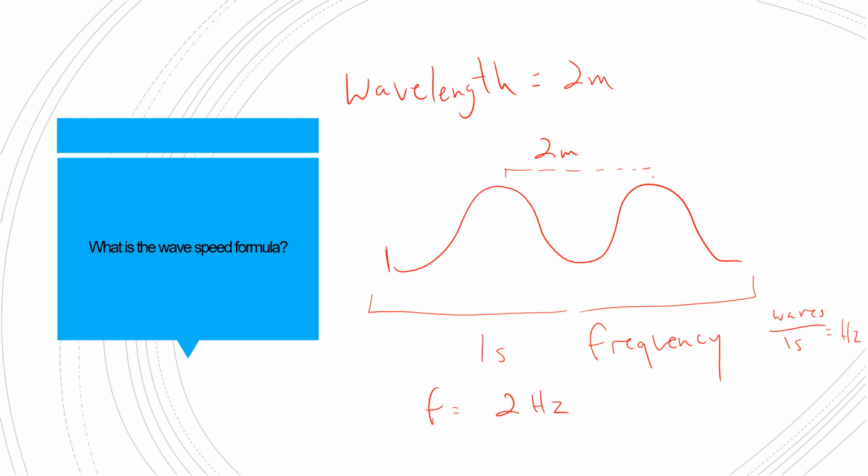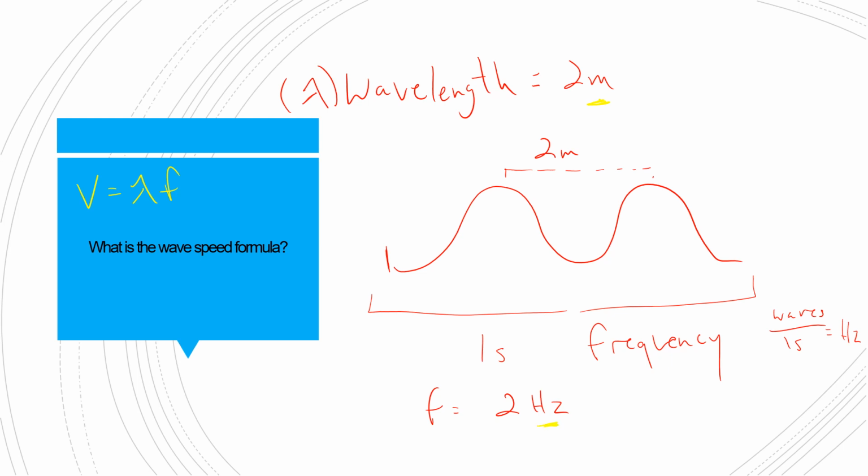Now, there's one thing I want to say about wavelength. Instead of writing the word out because it's really long, physicists and other scientists use a symbol that looks like this, the Greek letter lambda. So our formula is velocity equals lambda f. The wavelength has to be in meters because that's the SI unit, and the frequency has to be in hertz.